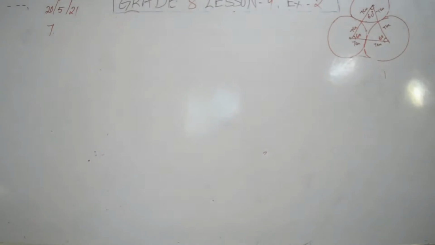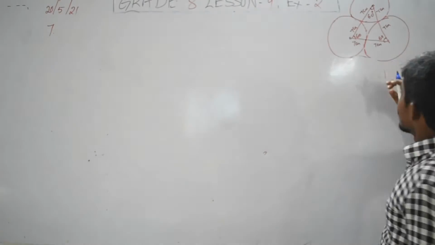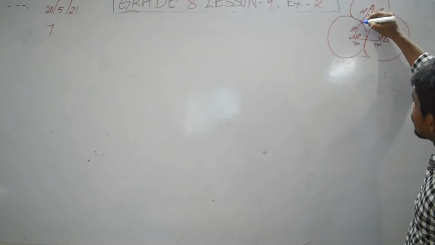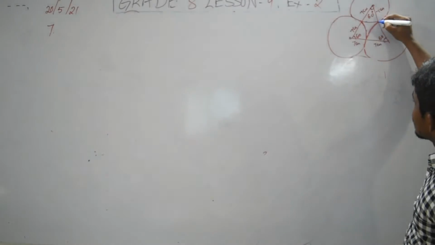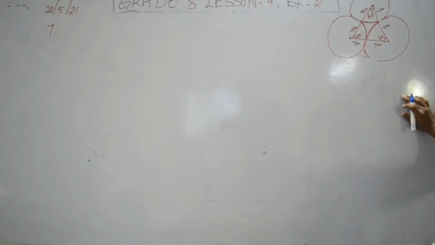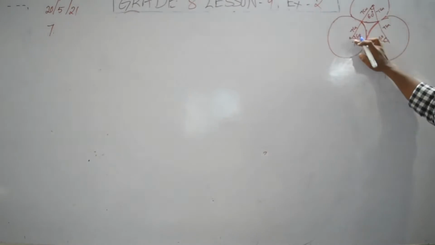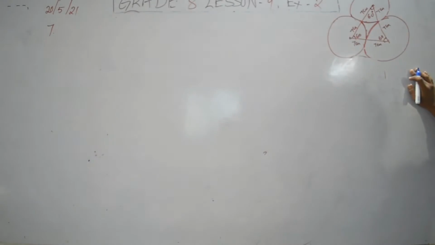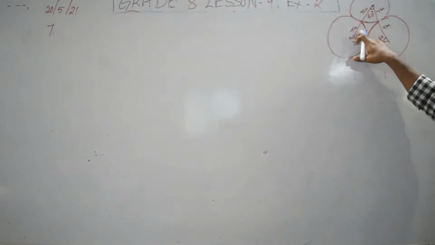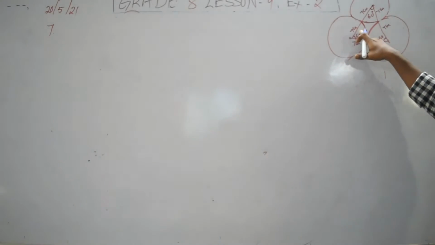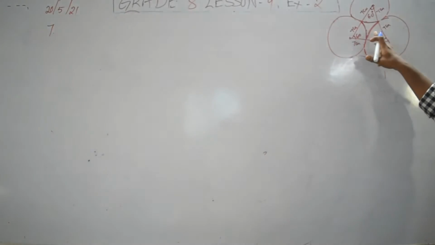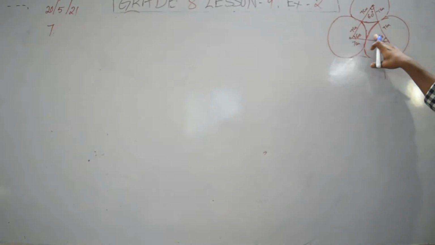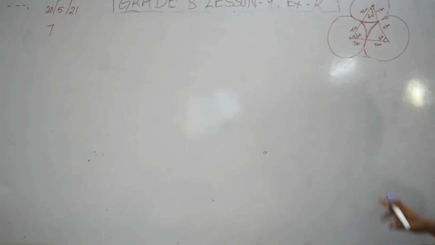Here, see, they are asking for the area of the middle region. So first we find the area of this triangle. Next, the area of the sector of the circle.